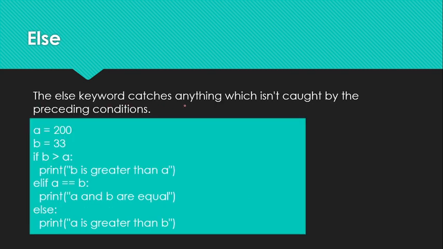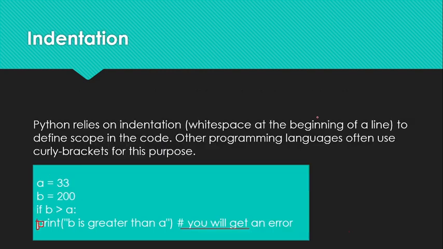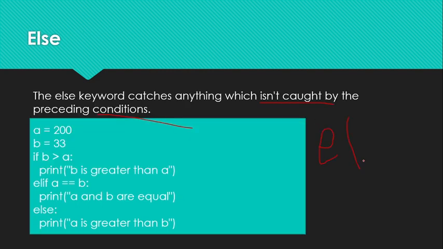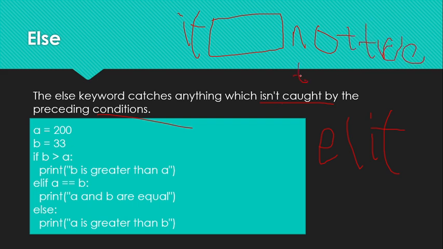The else keyword catches anything which isn't caught by the preceding conditions. So as you can see, elif simply means else if. It means if this is not true, then.